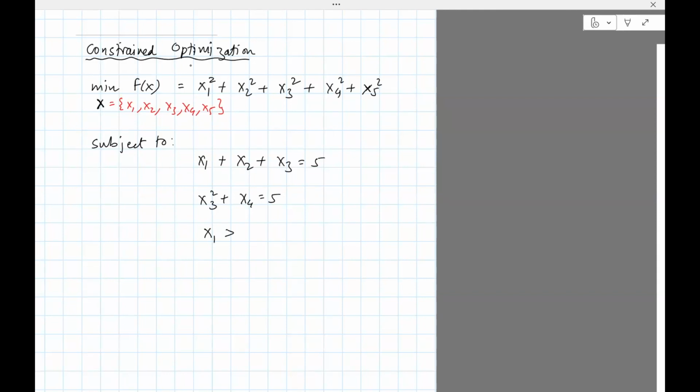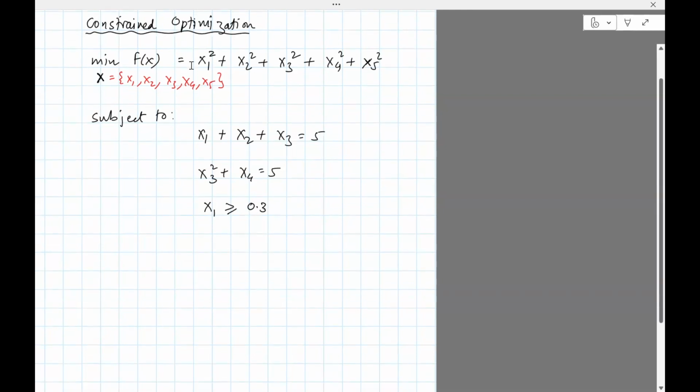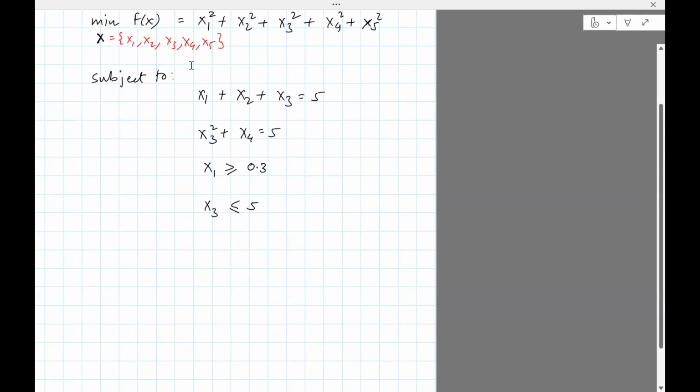The third one is x1 is greater than or equal to 0.3. Then x3 is less than 5. And then x4 square plus x5 square is less than 5. Okay, so those are the constraints. There are 5 constraints.